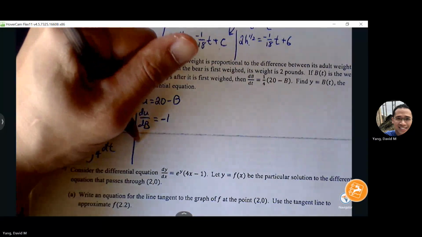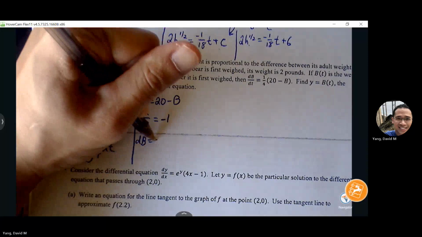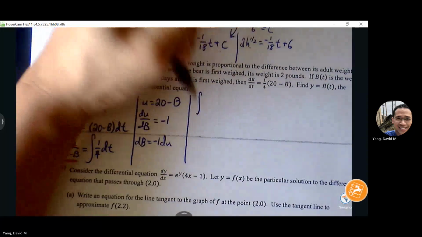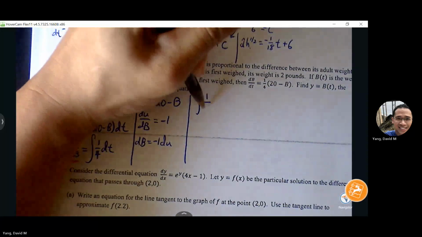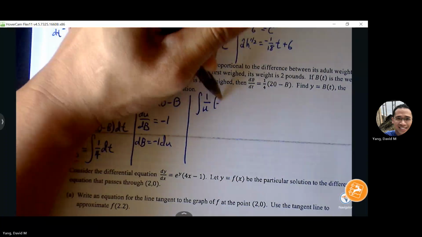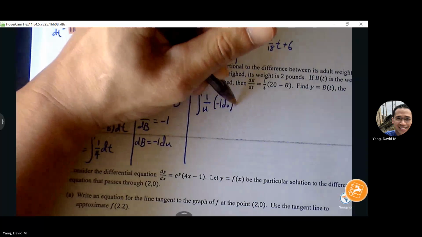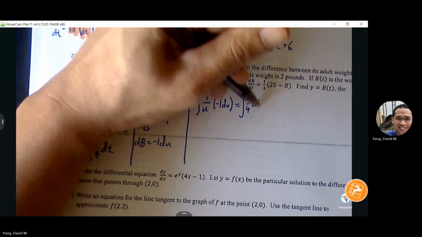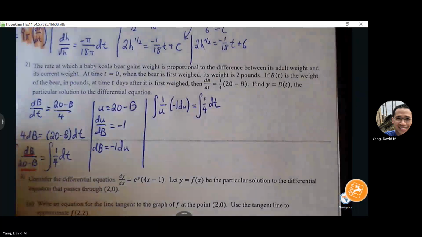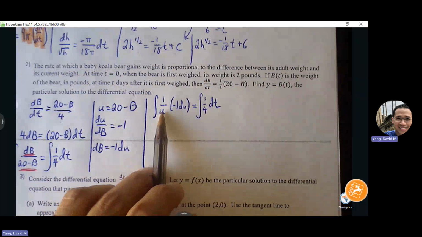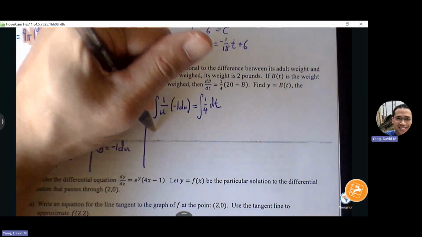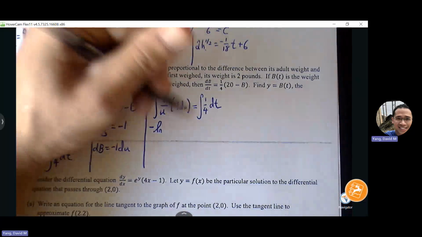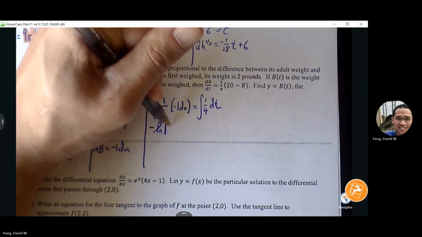That's all. Okay, so 1 over u du is just natural log of u. I'll replace the u back in terms of b, but I gotta make sure I carry that -1 through.